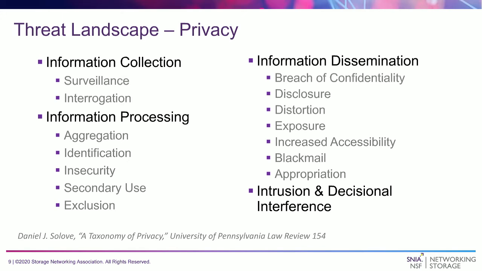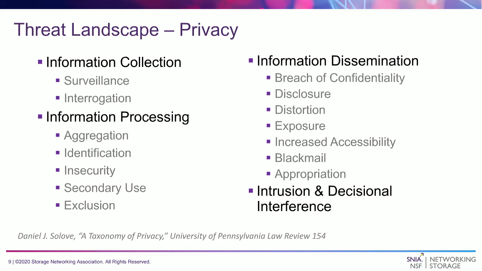Under information dissemination, you have breach of confidentiality. You have disclosures, which involves revealing truthful information about an individual that maybe negatively affects them. Distortion, spreading false, inaccurate information. We've never seen this kind of behavior, right?